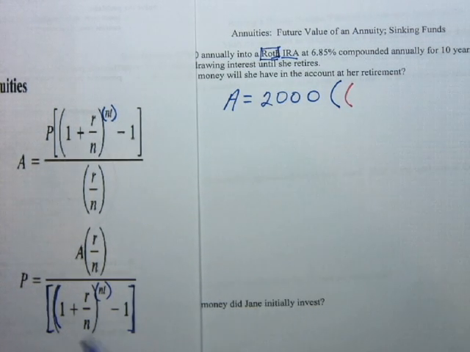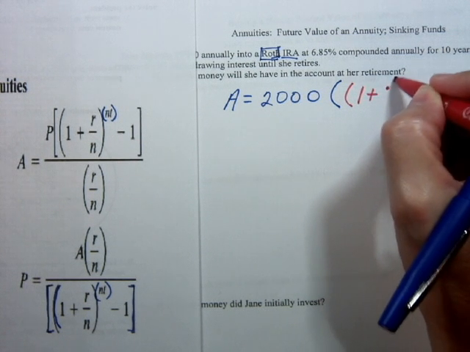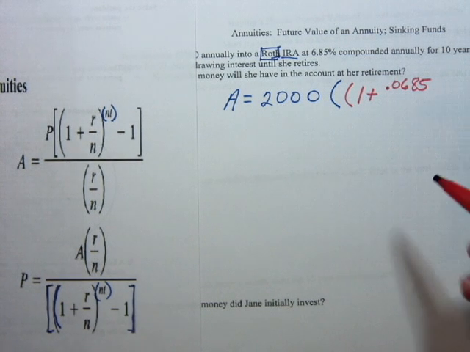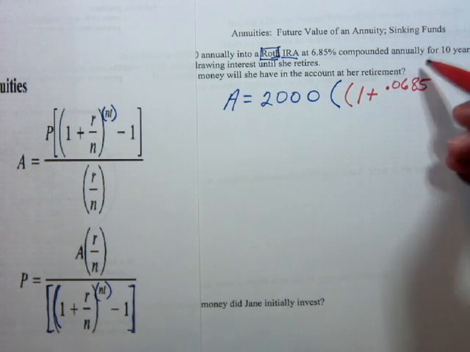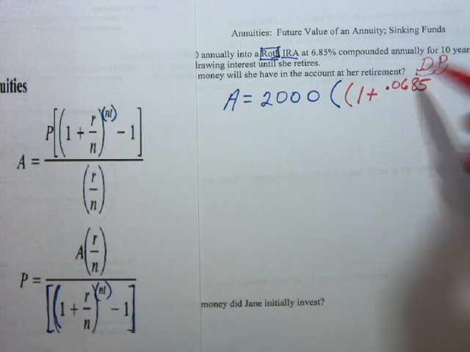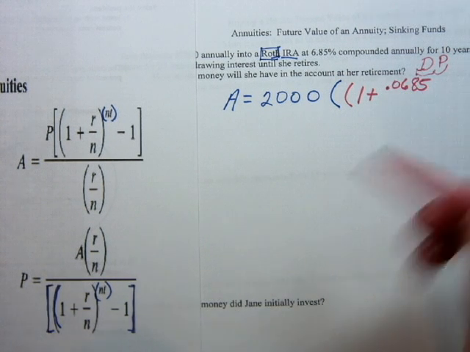1 plus her rate, 0.0685. Remember to change a percent to a decimal. Dr. Pepper, percent to a decimal, 2 places to the left. So I moved that 2 places to the left.